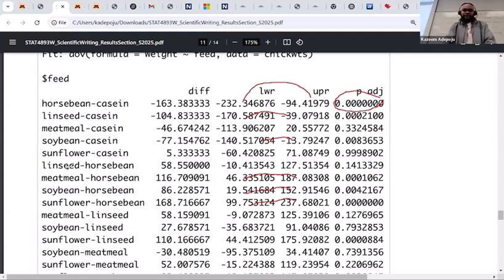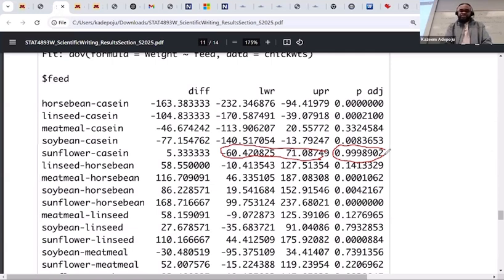When you are from negative to positive, of course, negative to positive includes zero, right? I'm going to give you an example like this one. From negative lower bound to positive, that includes zero. And that is why the p-value here is going to be bigger than 0.05. That shows insignificant.